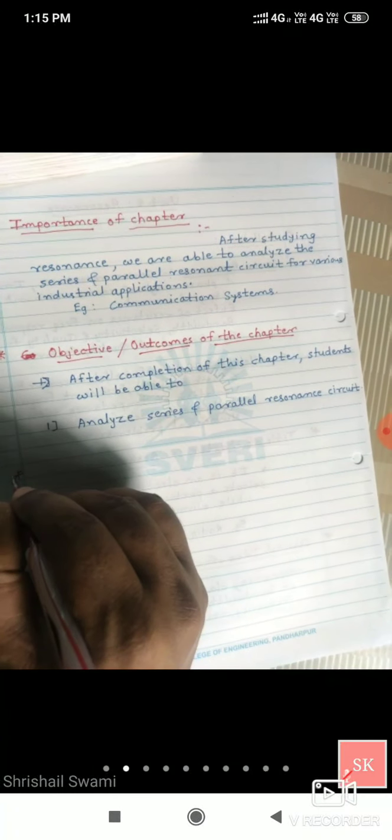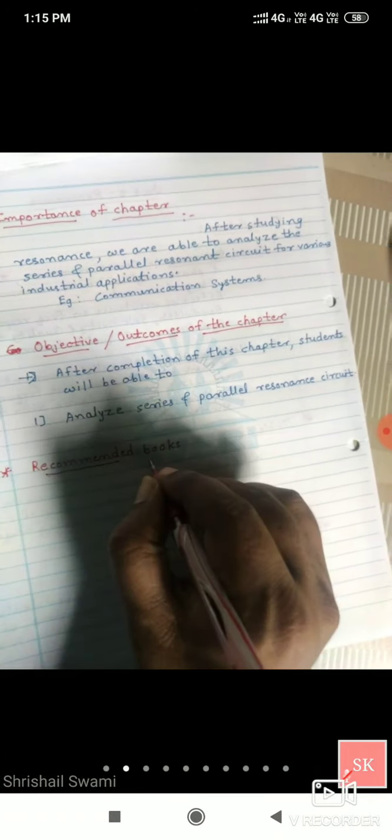Now after that, which book we have to refer? So that will come under recommended books. So take down this as a textbook.